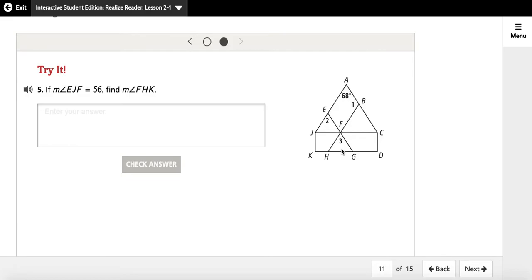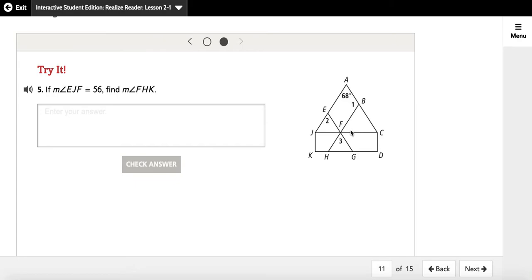Well, if EJF is 56, this one up here, and they want us to find FHK, that's down here, on the opposite side. How can you get from there to there? There's a few different ways. I'm going to take that this one, which is 56, is the same as this one because of corresponding angles.